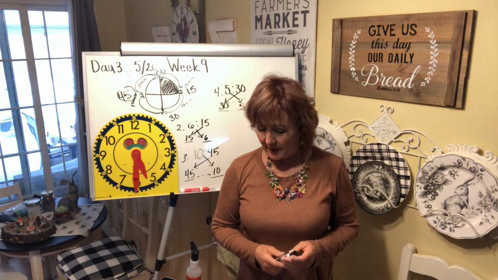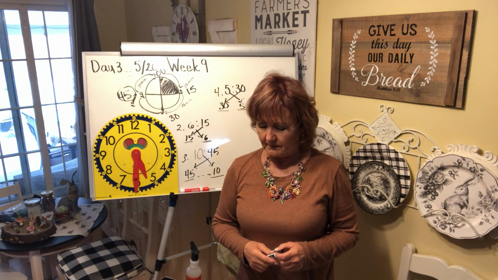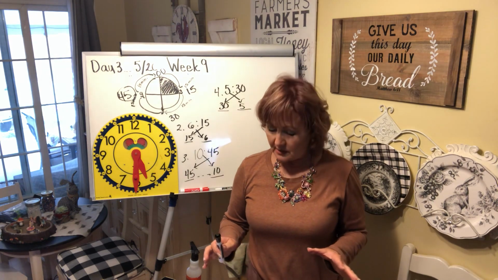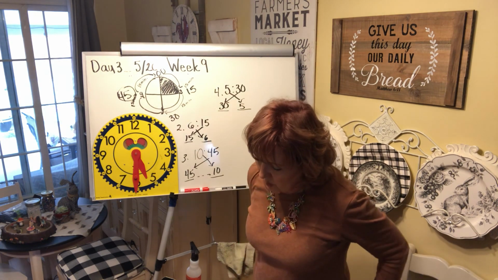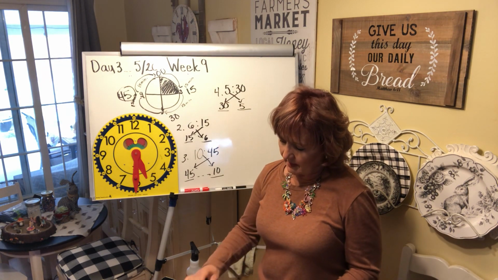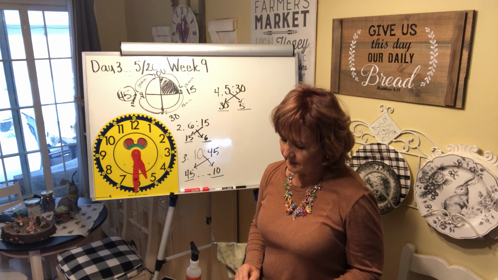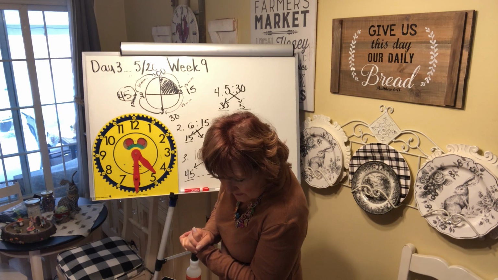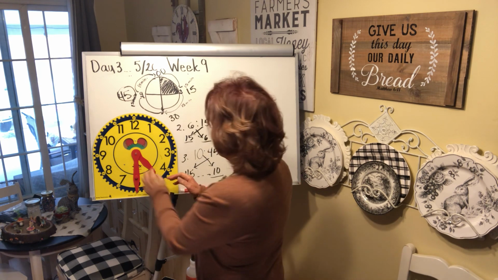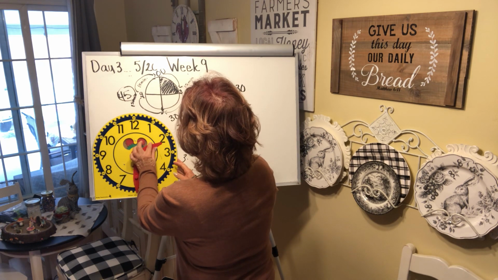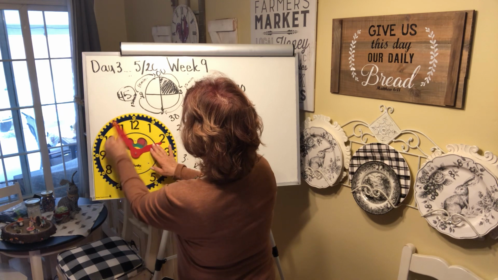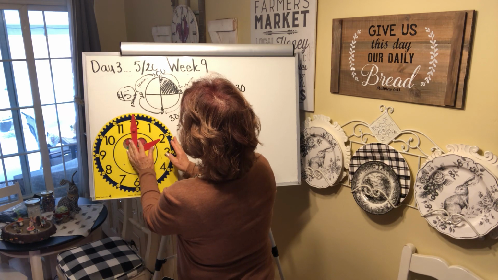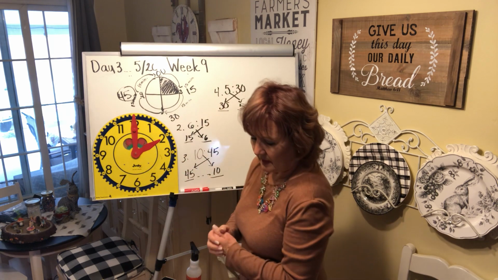All right, number 5, 6, and 7. So those are usually a challenge, so let's take a look. Look at where the hour hand is pointing. About what time is it? Okay, so if the hour hand is just barely after the 2, let's make it 2 o'clock, okay?